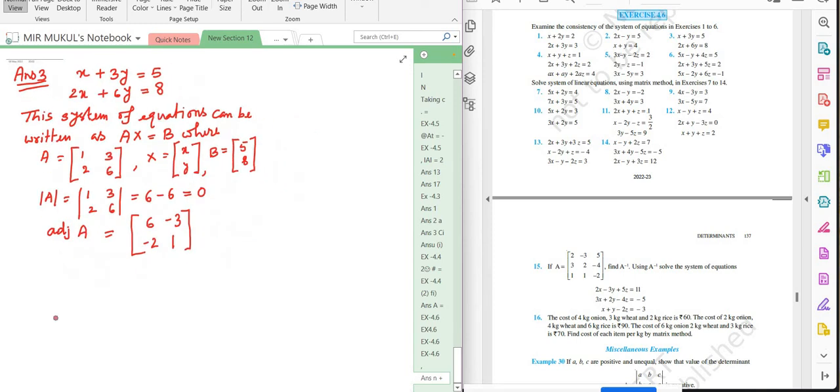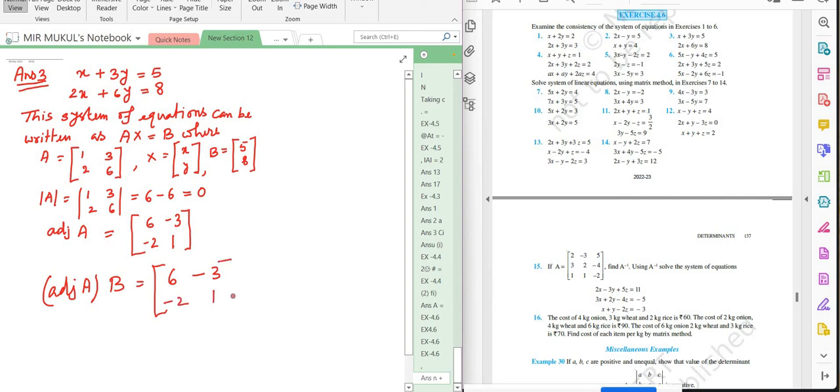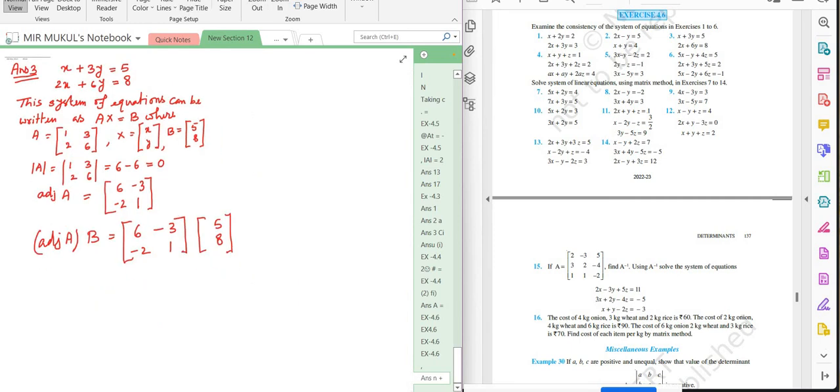Now let us see adjoint of A into B. What are we getting? 6 minus 3 minus 2 1, if you multiply with 5 8. Now check, are you getting the 0 matrix or not?